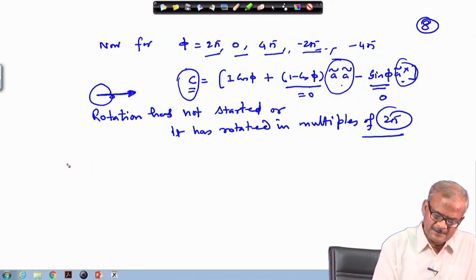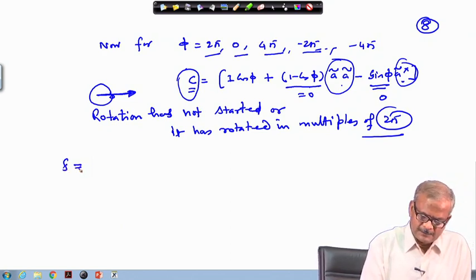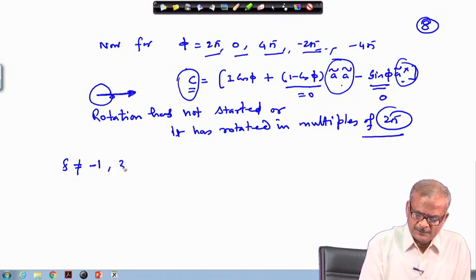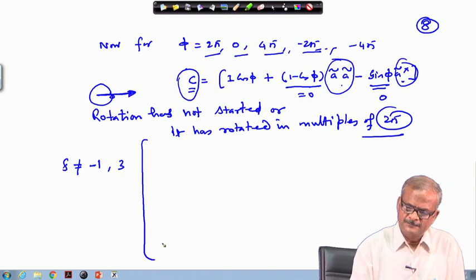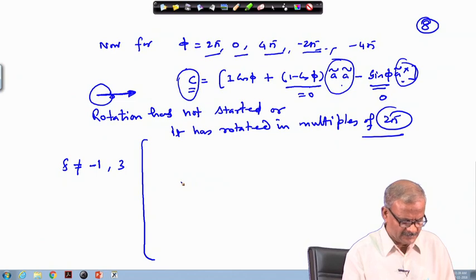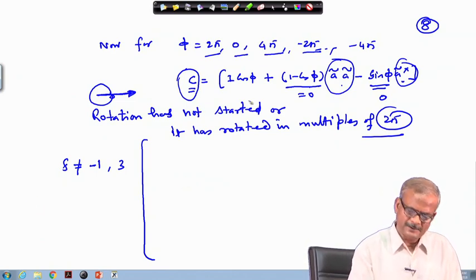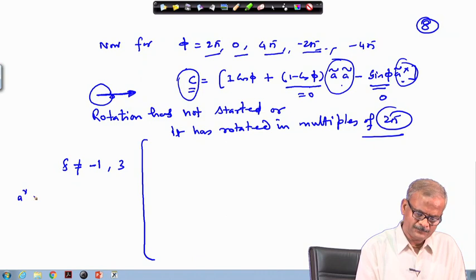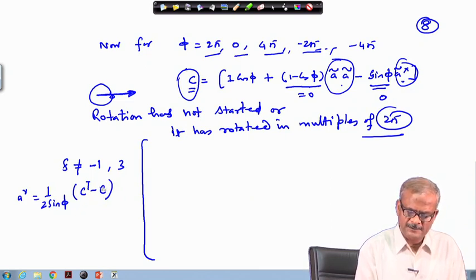Okay. For all other cases when delta is not equal to minus 1 or 3, we can solve it. Okay. So, for those cases it is very easy to write, because already we have written A cross matrix equal to 1 by 2 sin phi times C transpose minus C. So, we just need to insert C transpose, C, and phi, which we have already defined.